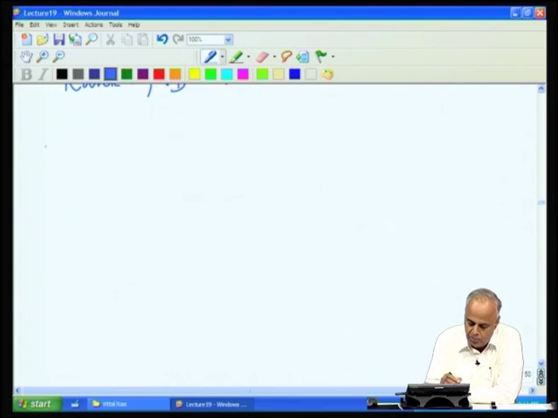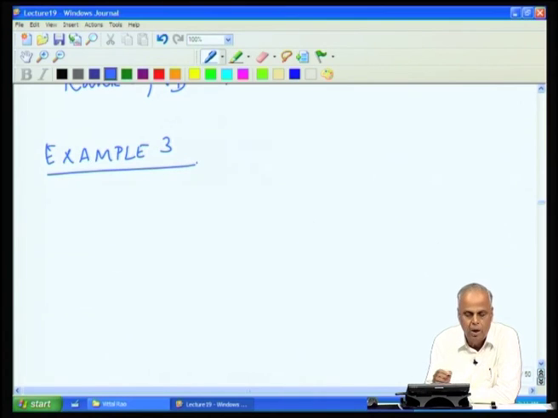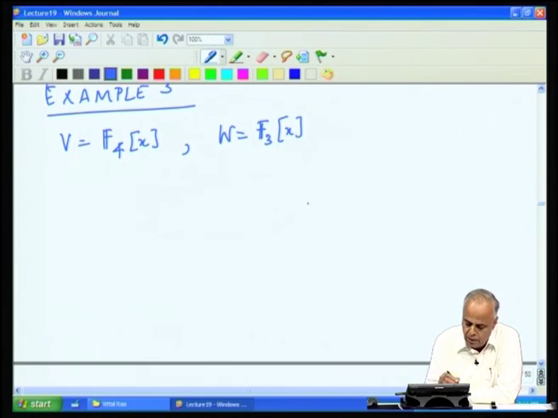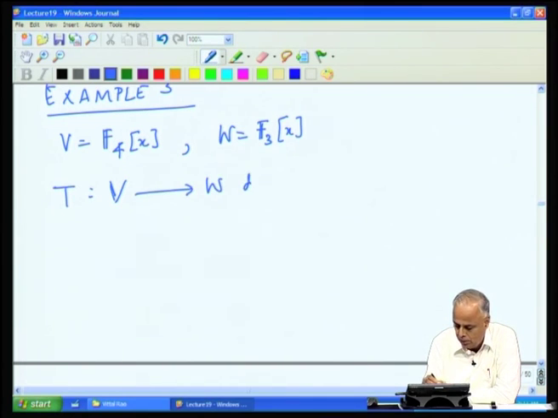We will see one more example similar to the one above. Take V equal to F4[x] and then say W equal to F3[x], and then consider the transformation, let us call it T, because D we use for differentiation, T mapping V to W defined as T(p) is the second derivative of p.